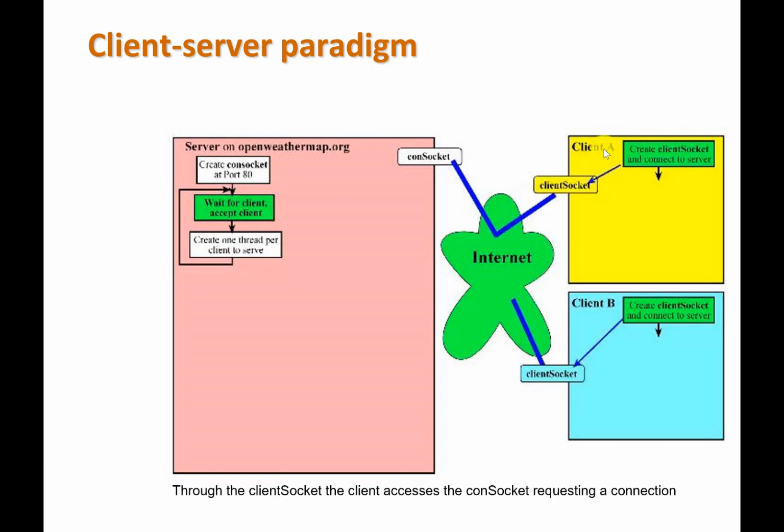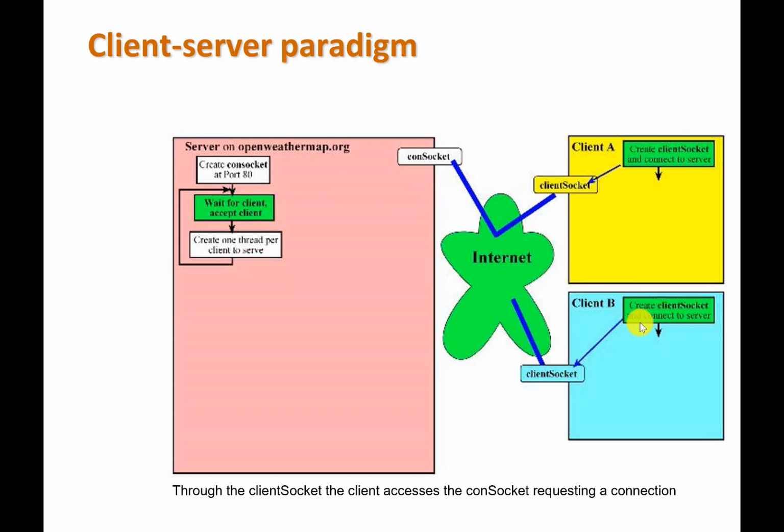This is the step in which the client says, I would like to connect to openweathermap.org. It doesn't say I want to know the weather yet. You remember TCP has a connection. So it's in this context that this client socket is opened and a request goes to the server to say, I would like to connect to you.